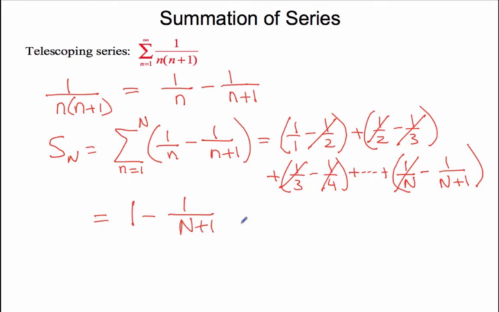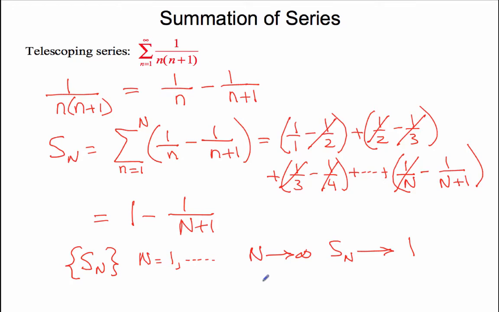So what we have now is a sequence Sn where n goes from 1 onwards, and as n becomes larger and larger, you see that Sn approaches 1 because this over here goes to 0.